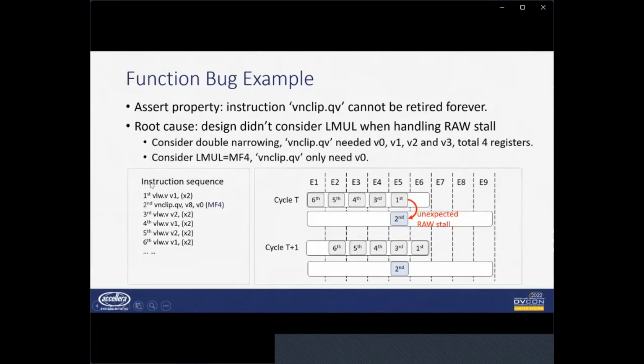And in such an instruction sequence, the second vnclip.qv cannot be returned forever. With the liveness property, formal easily finds this counterexample.